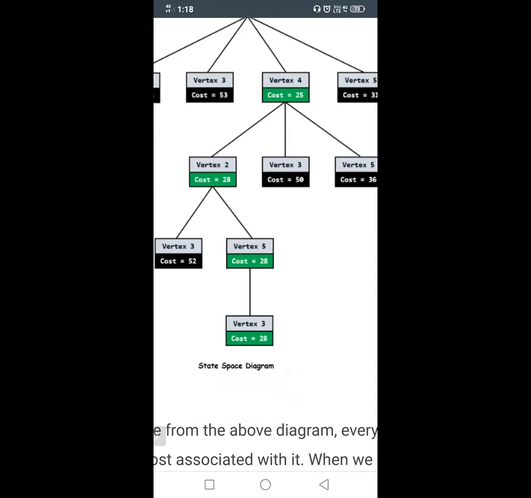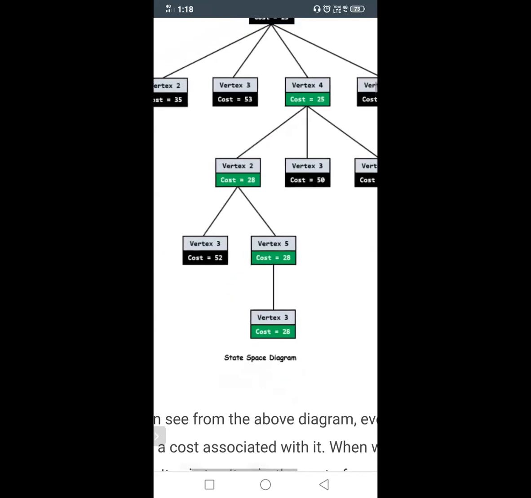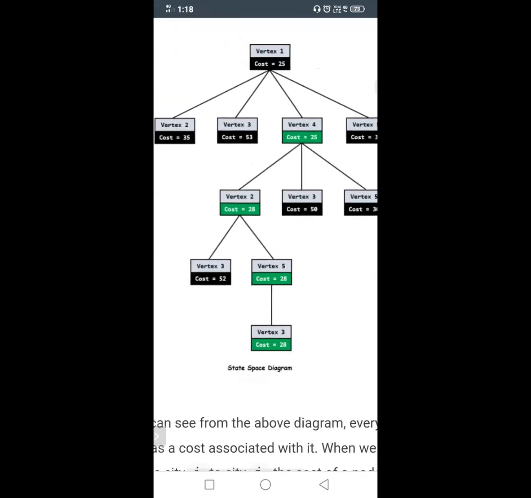So 0 is visited, 3 visited, 1 visited, then you have 2 and 4. Then you find the minimum cost in the same way. Then this is the final state space tree for this traveling salesman problem.